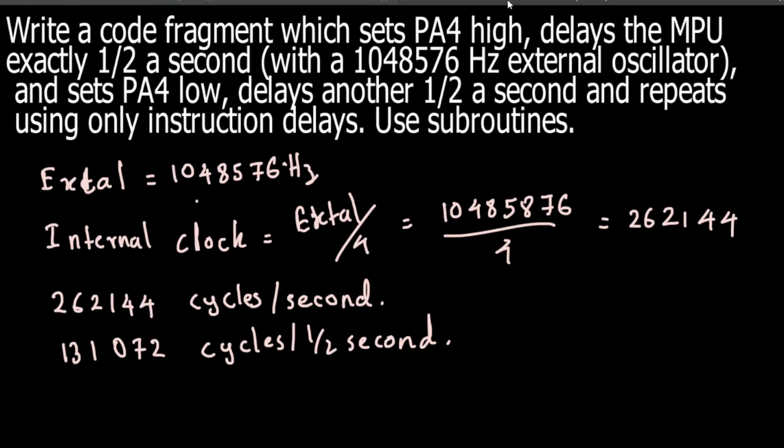So the program is 68HC11, and first we do the start, and also the PA4 high and PA4 low. For PA4 high, we load the value 16. You can do it in binary or hexadecimal. First you load the value, load accumulator A with a value.